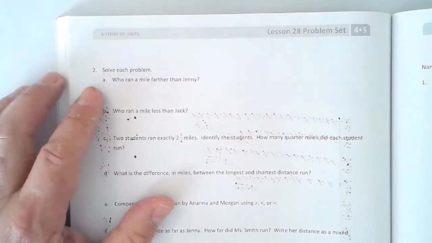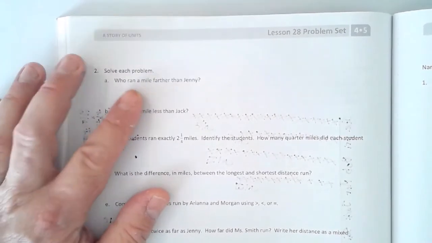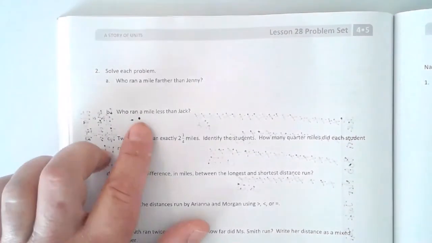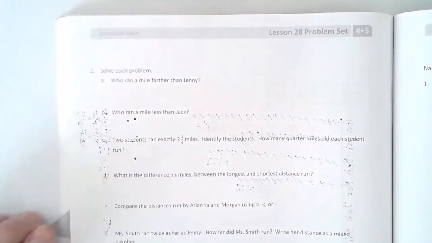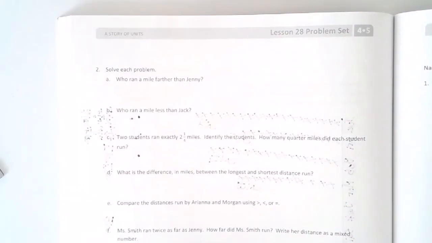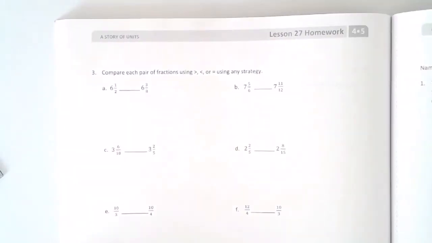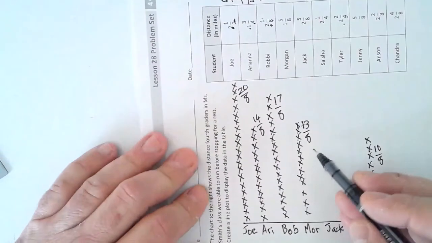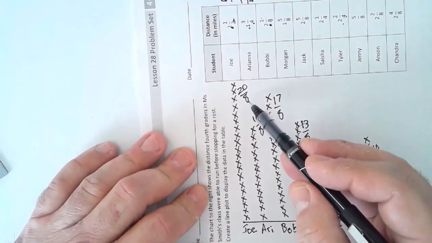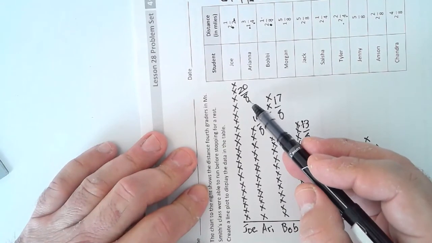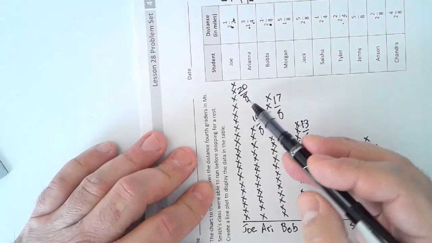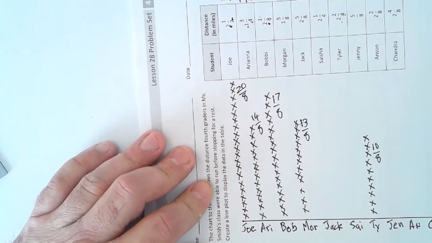Who ran a mile further than Jenny? 1 more mile than Jenny. Who ran a mile less than Jack? Now remember, in order to figure out how many miles they ran by looking at the 8s, you need to be able to compare your improper fractions. Let's see, for Joe, 28 was also 2.5 miles.